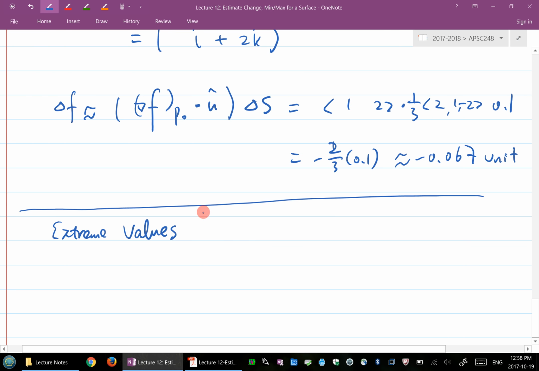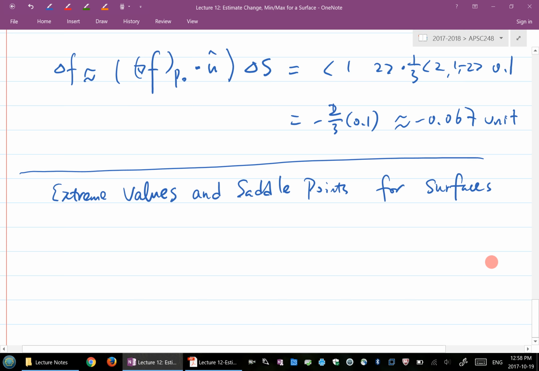We can also say we're going to look at extreme values and also the so-called saddle points for surfaces. This is an extension to the min and max for functions of single variables.